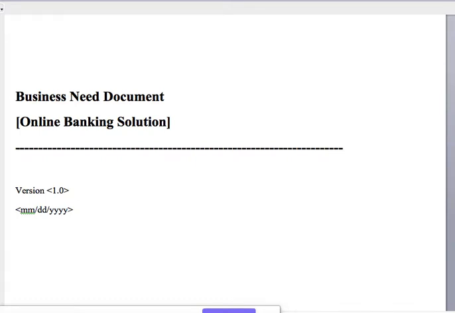So this is what we talk about when we say the problem definition. In this document we also write what kind of investment we are looking for in order to address the problem.